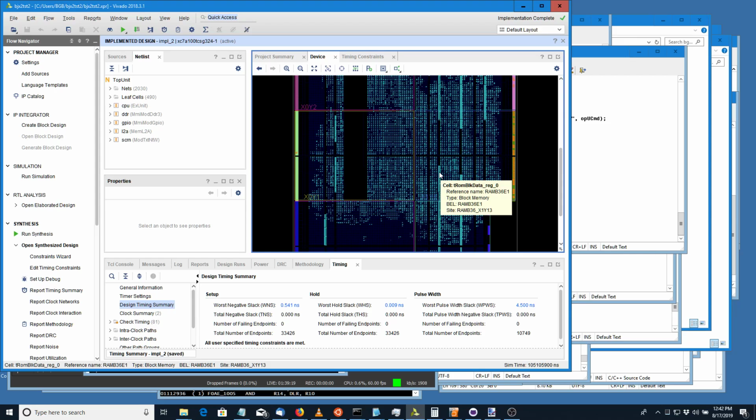Yeah, RAM block for the ROM, and looks like L2, ROM, and SRAM.